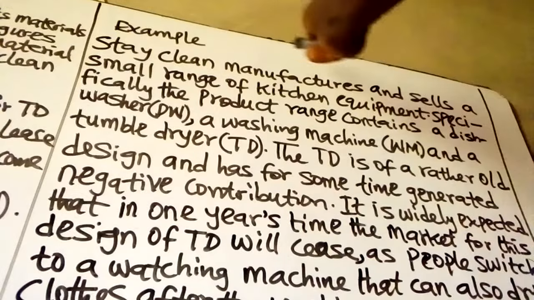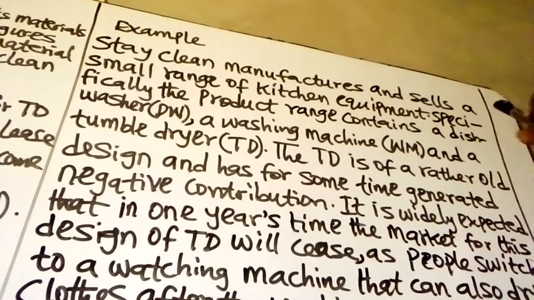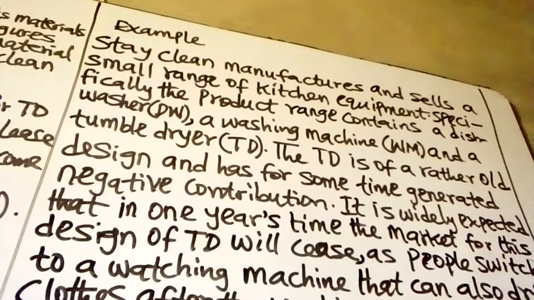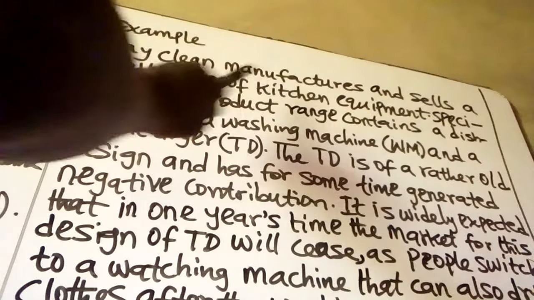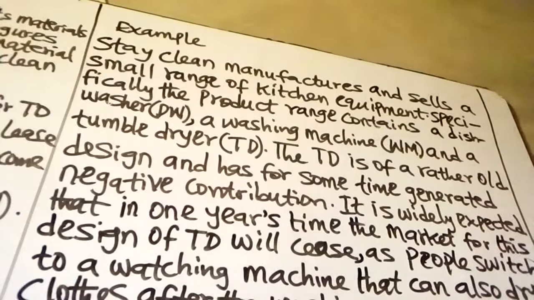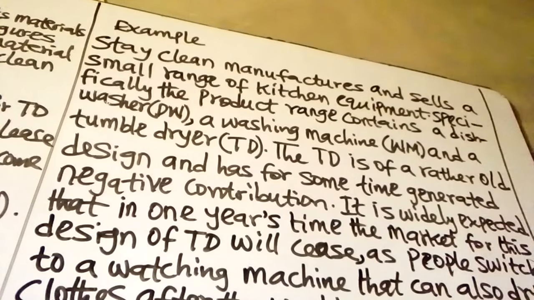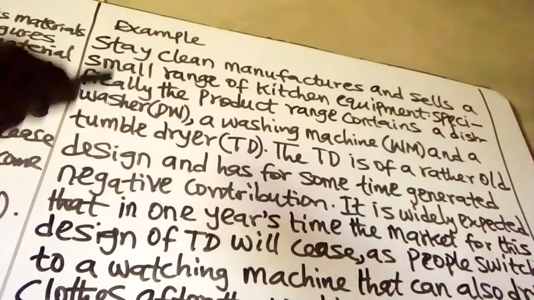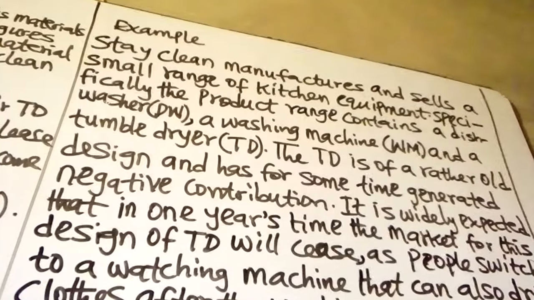The question: Stay Clean manufactures and sells a small range of kitchen equipment. Specifically, the product range contains a dishwasher, DW, a washing machine, WM, and a tumble dryer, TD.